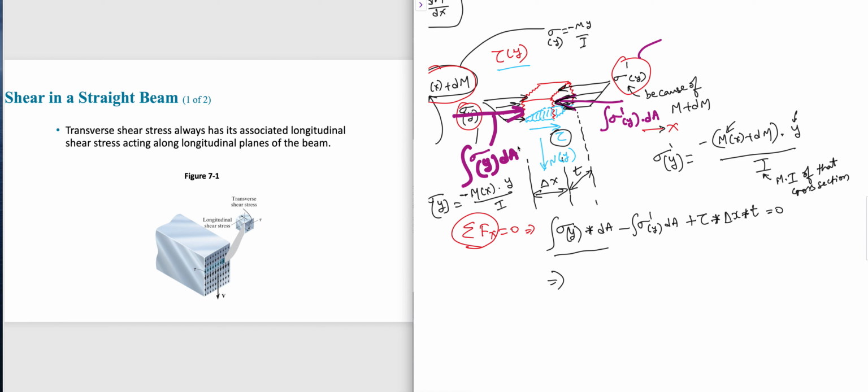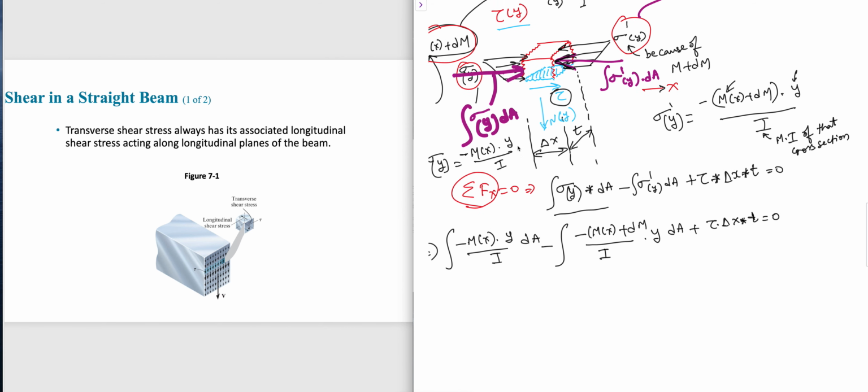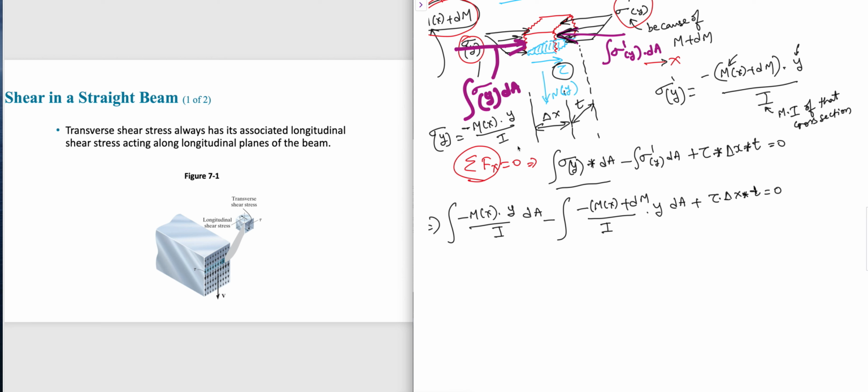Let's plug the same thing into this equation. When I plug it in, I'm going to get minus the integral of M of x y over I dA, minus the integral of minus M of x plus dM over I times y dA, plus tau times delta x times t is equal to 0. I'll write one more step for your sake.